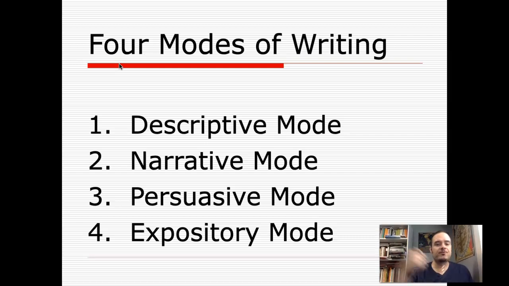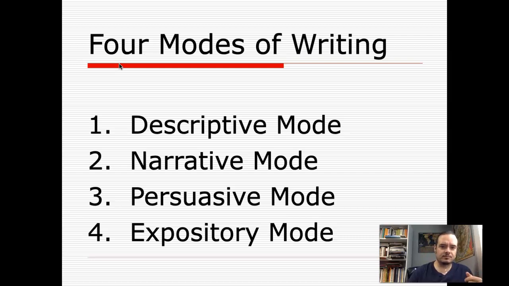All right. So the first 2 modes, the descriptive and narrative, are considered informal modes. We don't use them as much in scholarly writing, although we do use them. And the second 2, persuasive and expository, are considered formal modes. We use them a lot more in basically scholarly and informational writing.